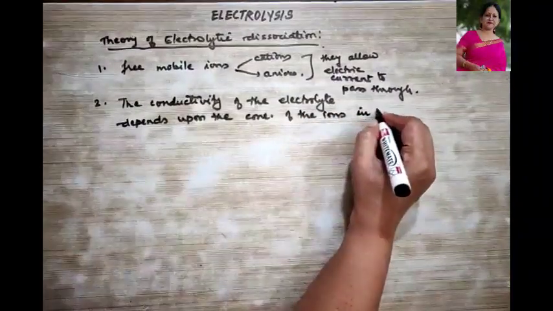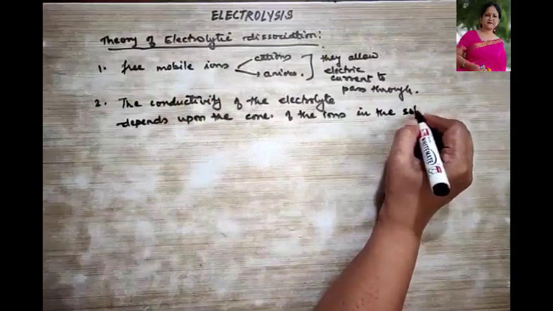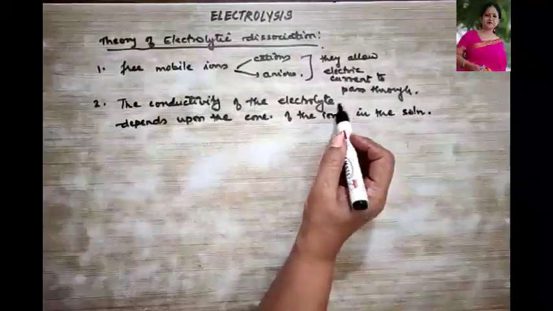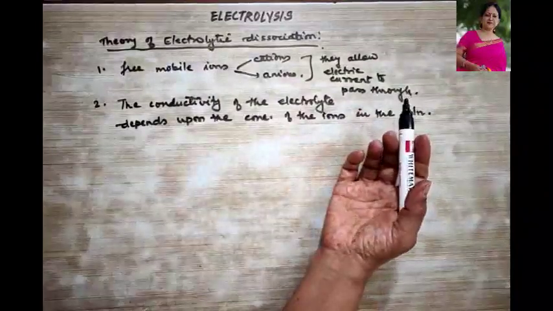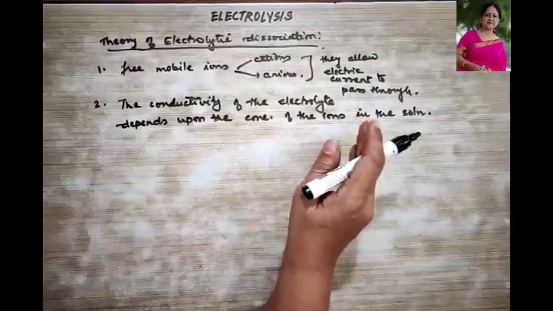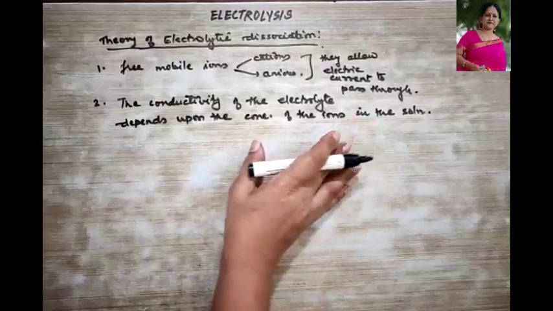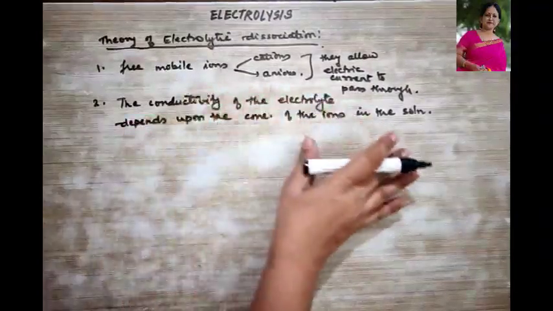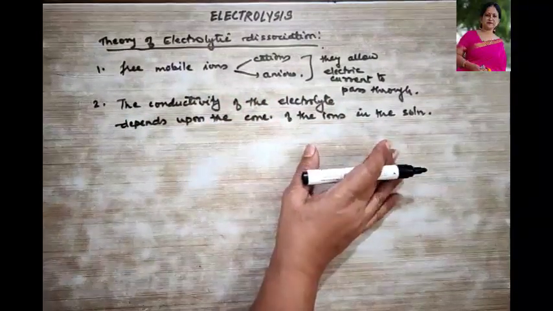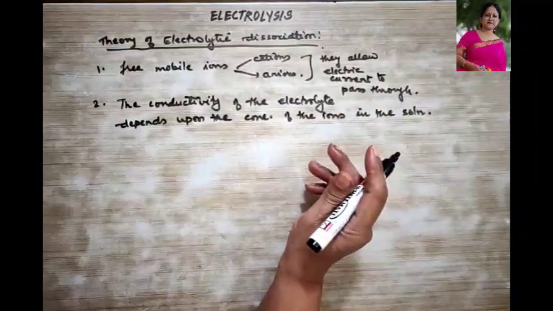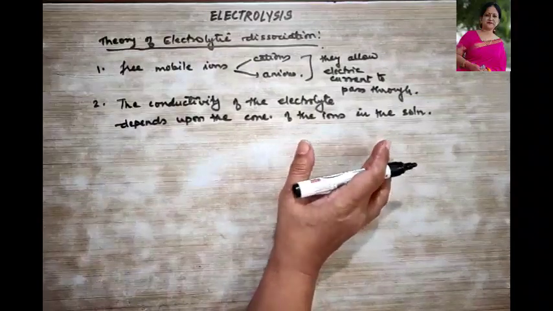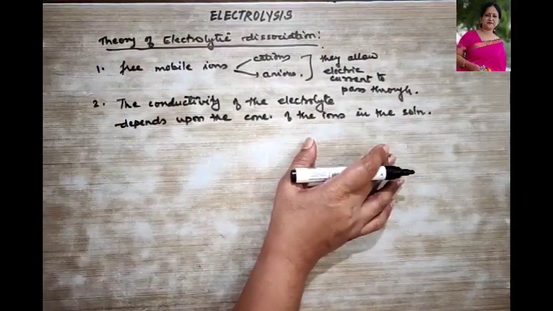That is, if there are fewer ions and more molecules, then it is a weak electrolyte. It will allow less current to pass through. Or if it has only free mobile ions, then it is going to allow a large amount of current to pass through, and such electrolytes are termed good electrolytes. Clear?